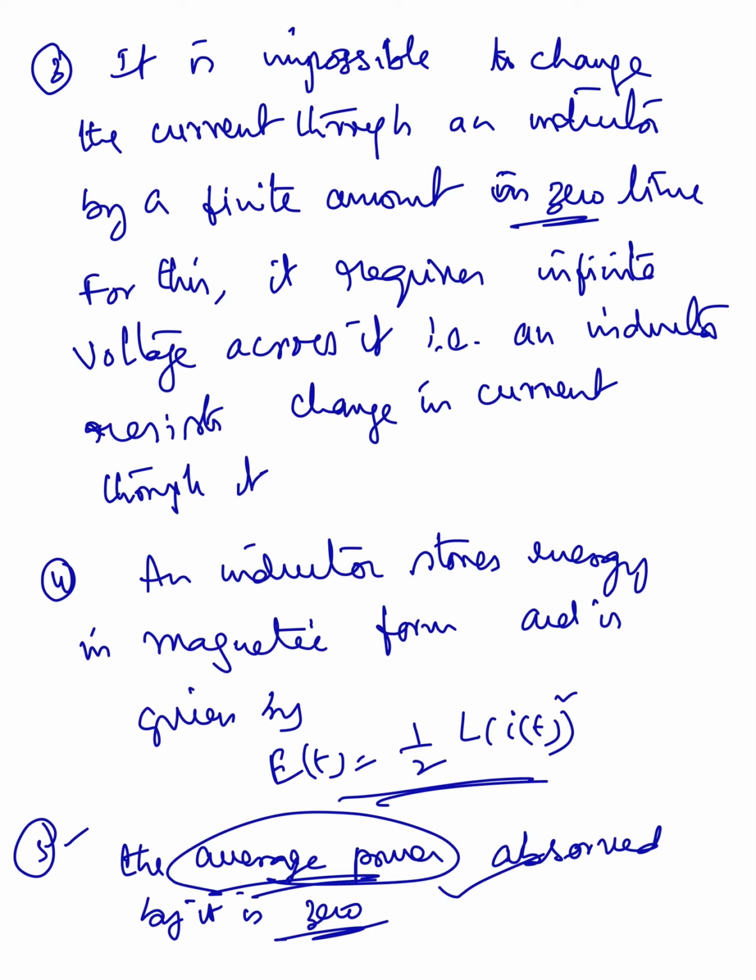These are the characteristics of an inductor. Okay. In the next lesson, we go for the characteristics of the capacitor. These are the 5 points for the inductor. Okay.